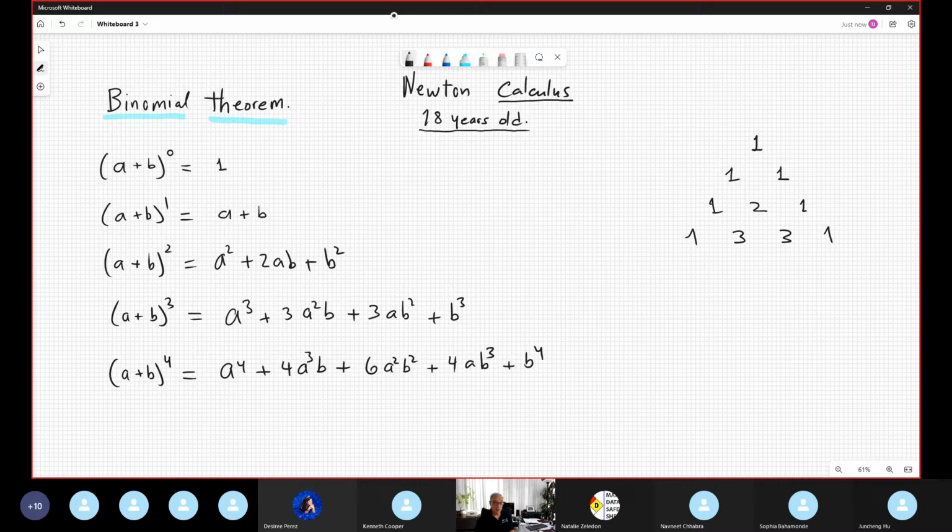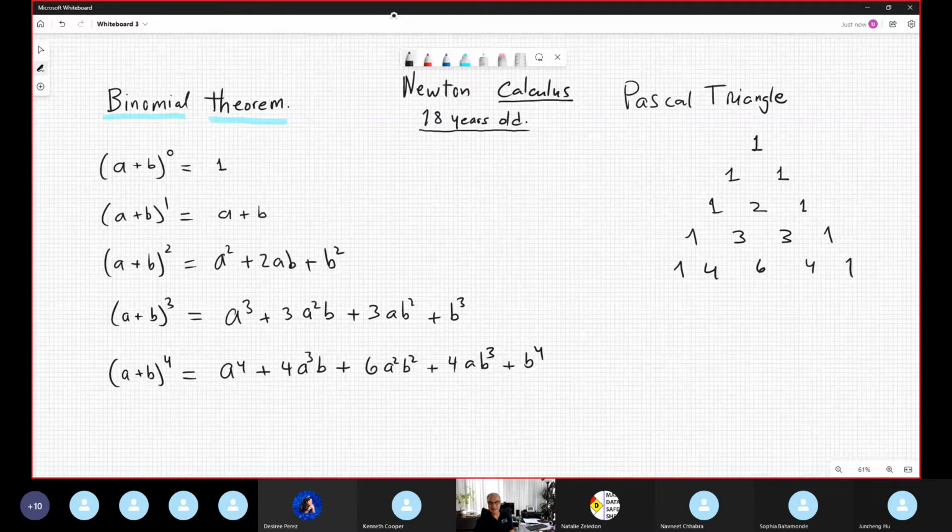Well, okay, now I copy the coefficients. The coefficients are 1, 4, 6, 4, and 1. And you form the triangle here. By the way, this is Pascal. Newton discovered it, but Pascal organized it in this way. Pascal's triangle.